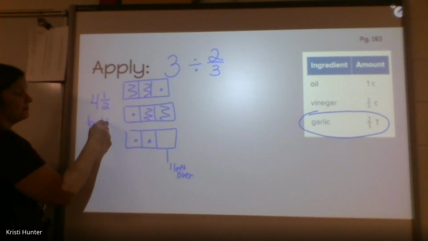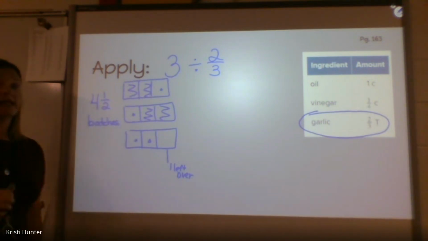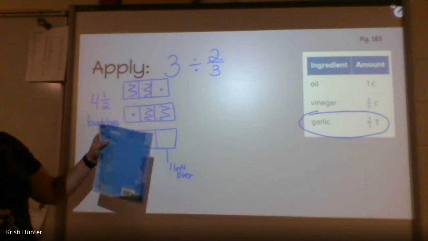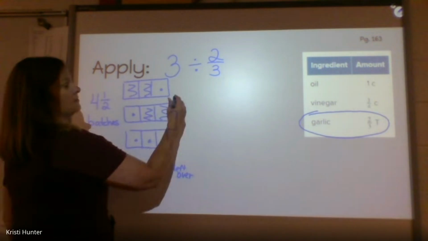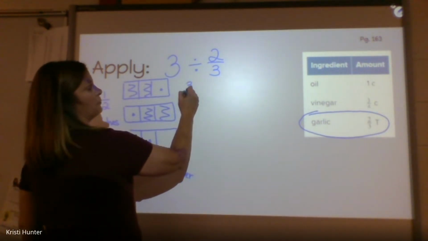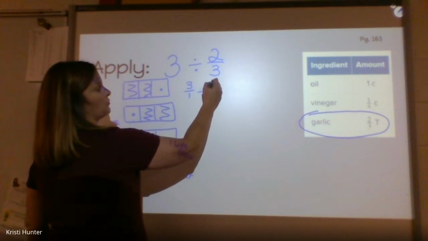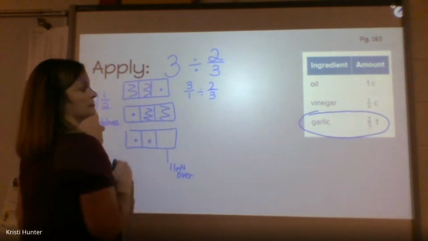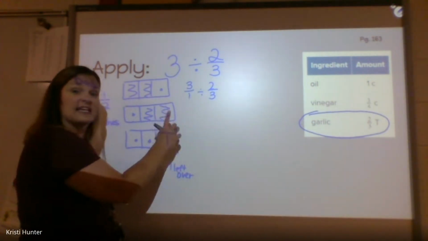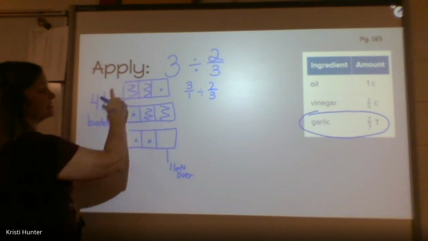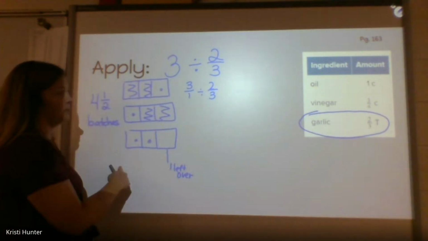batches of salad dressing. Now again, we looked at it yesterday by using your equation here. So you could have taken 3 and put it over 1, and you're ready to divide by 2/3. Remember, we said yesterday, we need to get our total number of pieces, just like we were drawing out the picture.